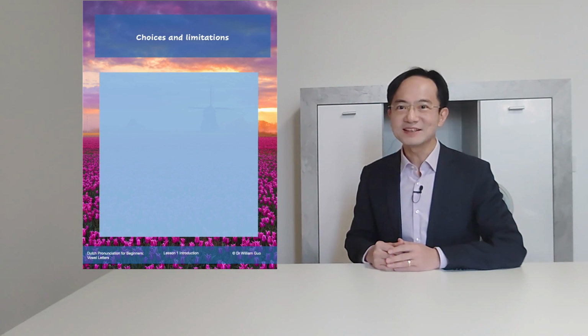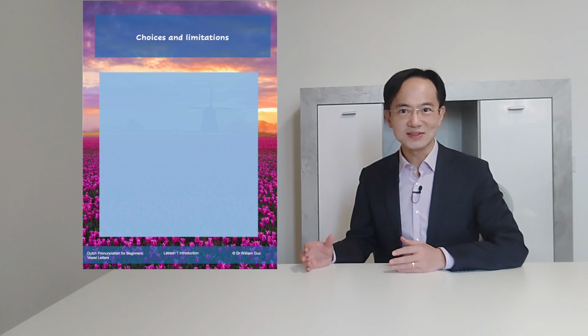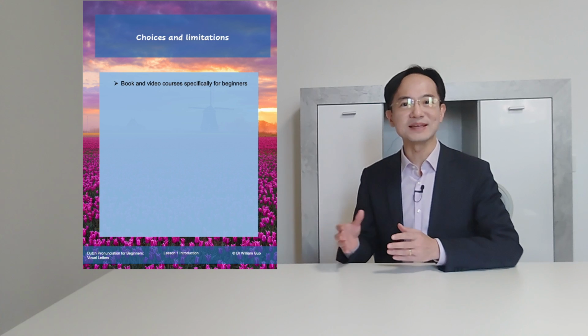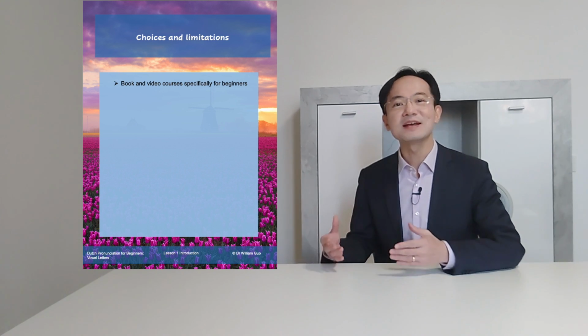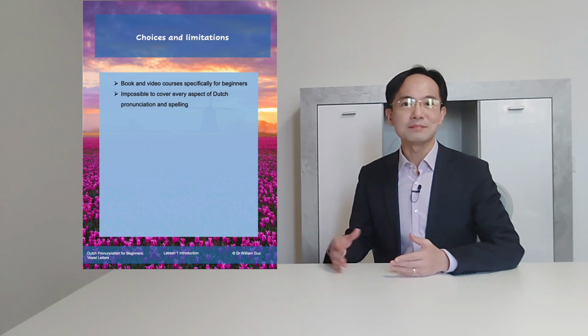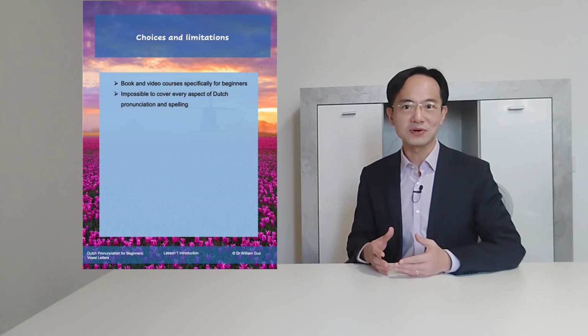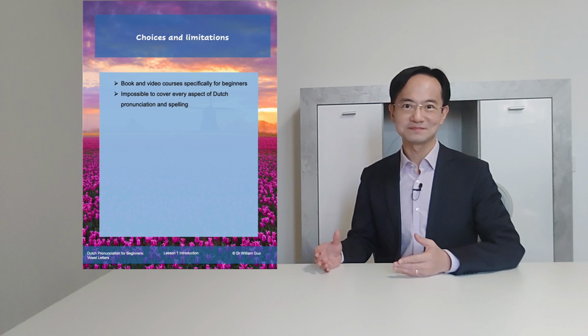As mentioned at the beginning of this video, this book and the accompanying video courses are specifically designed for beginners. So I hope you understand that I'm not able to explain every aspect of Dutch pronunciation and spelling. Making various choices when writing the book and making the accompanying video courses was unavoidable.